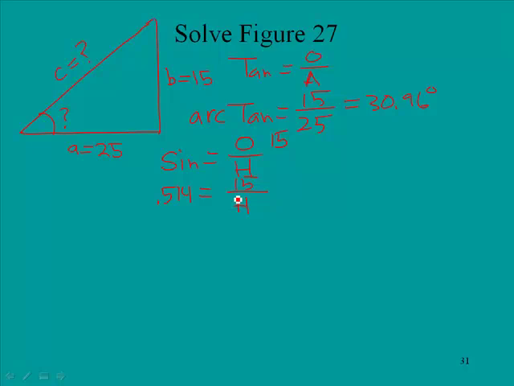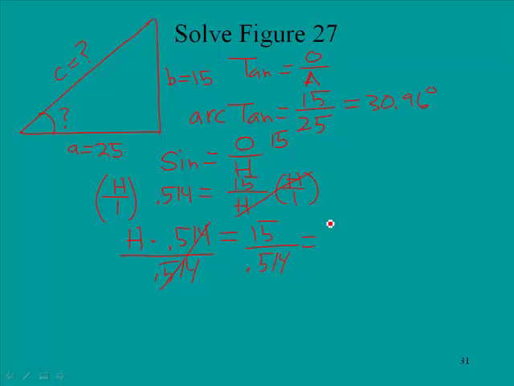We could just say that H equals 15 over 0.514, but let's actually solve it algebraically. We multiply each side by H over 1, which eliminates the H over here. Then we have H times 0.514 equals 15, and we divide each side by 0.514, so H equals 15 divided by 0.514.